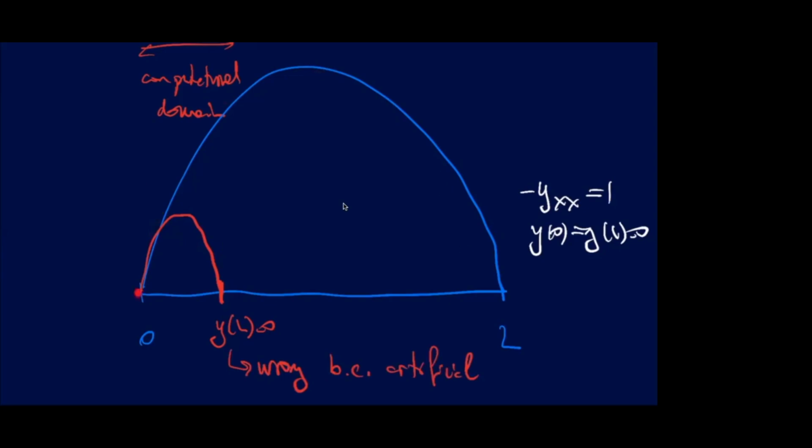The solutions globally don't obey at all the condition that y at L, sorry, L prime, some small L prime, is zero. They will not obey these artificially imposed boundary conditions.